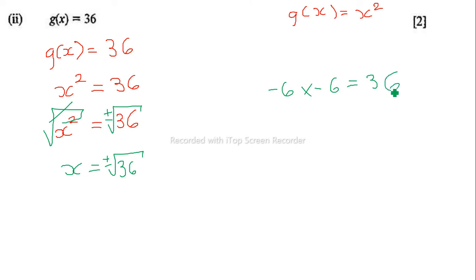And then positive 6 could work, so 6 times 6 is 36. So when we say positive or negative, we're basically saying the positive one could work and the negative one could work. And what is the square root of 36? 6.